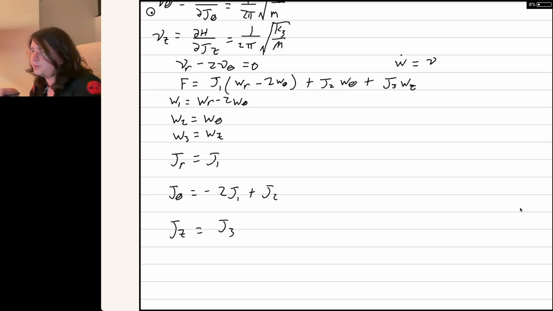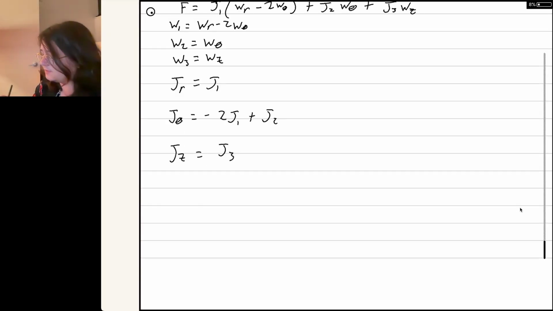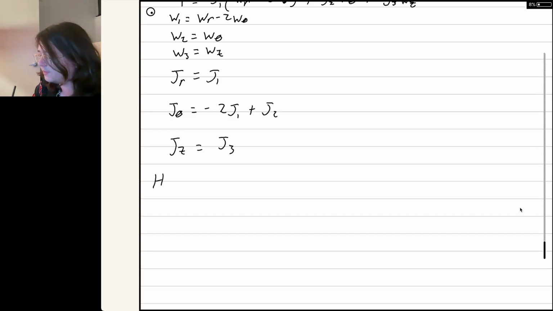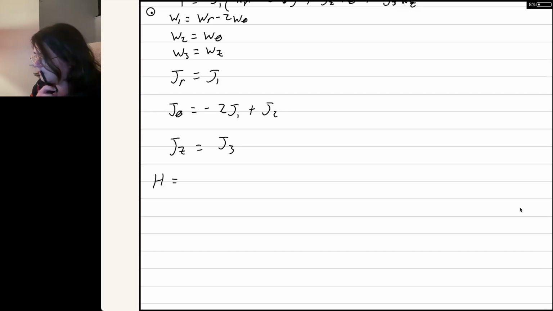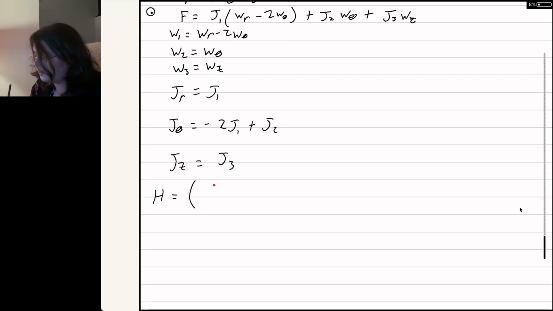So now we can rewrite the Hamiltonian using these J1s and J2s and J3s. We had Jr over pi. Now it's going to be J1 over pi. We had J theta over 2 pi. Now it's going to be J2 minus 2 J1 over 2 pi.